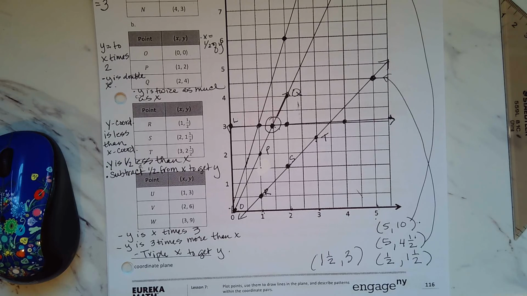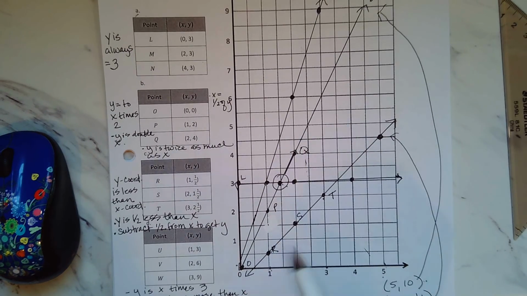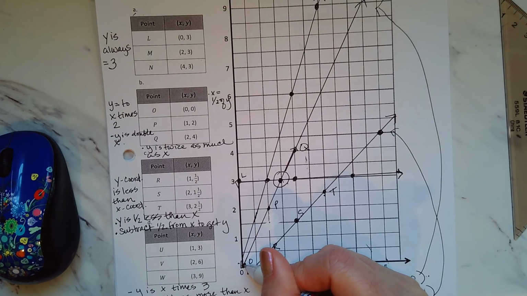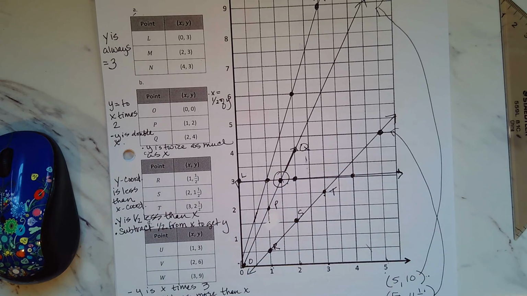So, what happens with the coordinate pair 0, 0? Well, 0, 0 is x times 2 and x times 3. So again, the point 0, 0 lies on both lines.